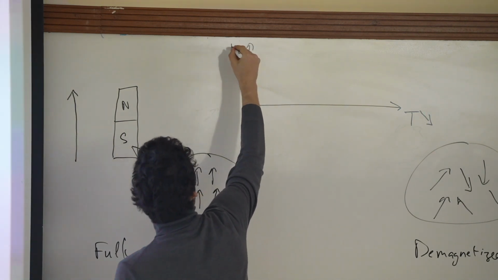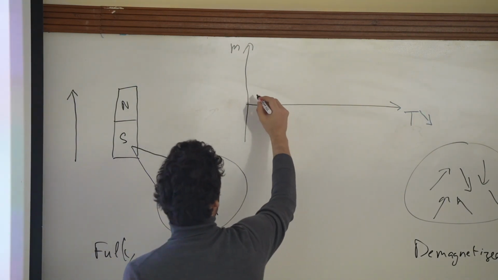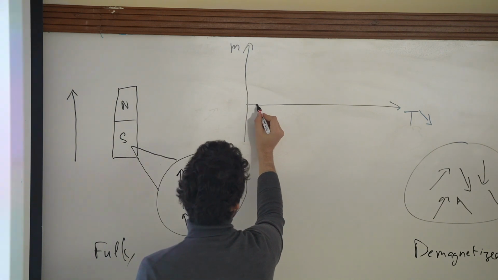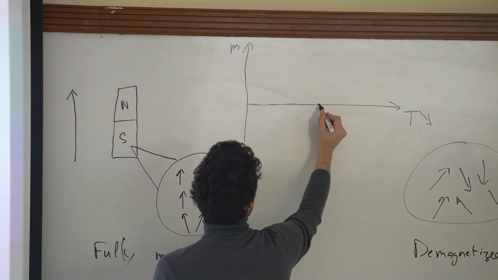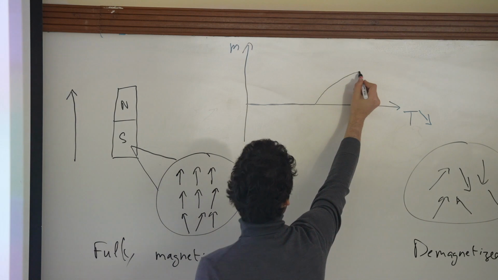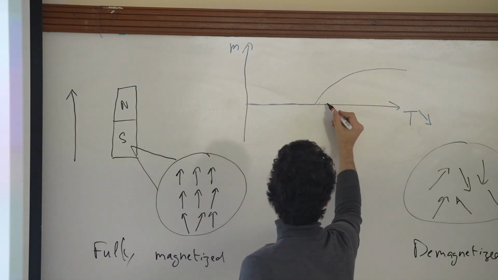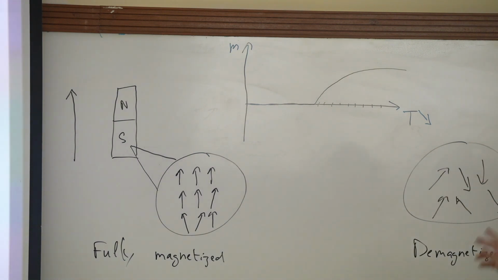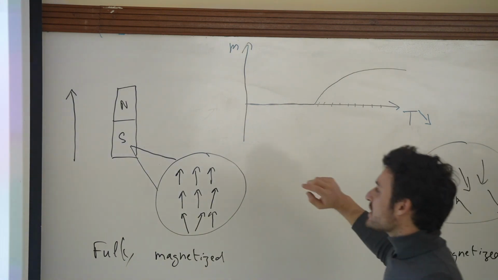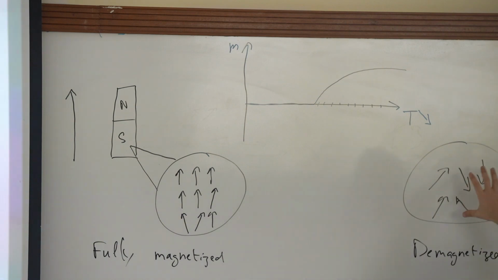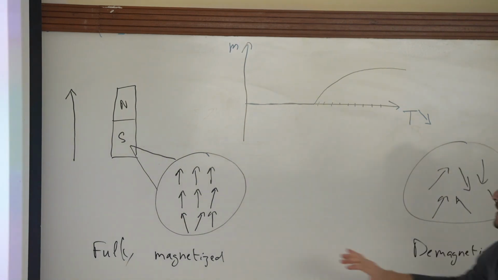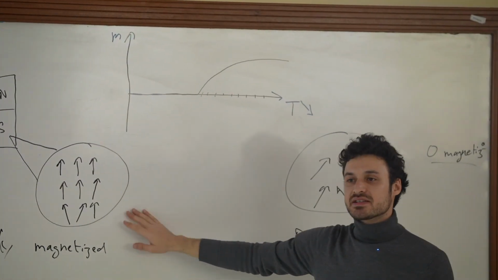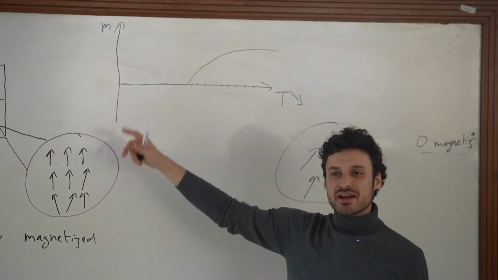So this is M, the magnetization, and what happens is that at first, at high temperatures, there's no magnetization at all, and then it diverges, it goes like that. And here we can start seeing things that are interesting, right? Because ultimately, when you go from the demagnetized to the fully magnetized state, why does it pick a direction?